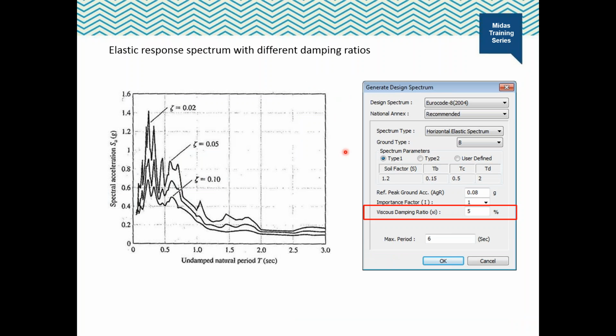The peak acceleration of SDOF system will be decreased as the modal damping ratio is increased. In order to consider this change of acceleration depending on different modal damping ratios, we need to define elastic response spectrum with different damping ratios. For example, we define three elastic response spectrums with 2%, 5%, and 10%.